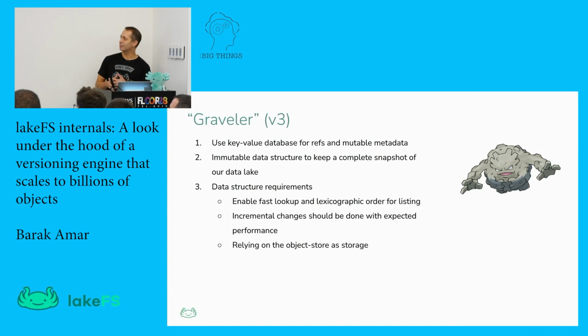We wanted an immutable data structure that will represent the complete data lake, a snapshot, the point that the commit will look at when it needs to understand what is currently kept on your bucket. This data structure should enable us fast lookup and lexicographic listing to enable fast list operations.